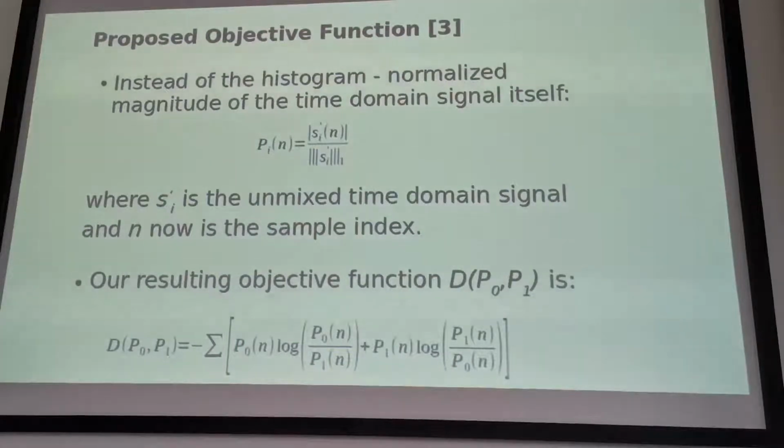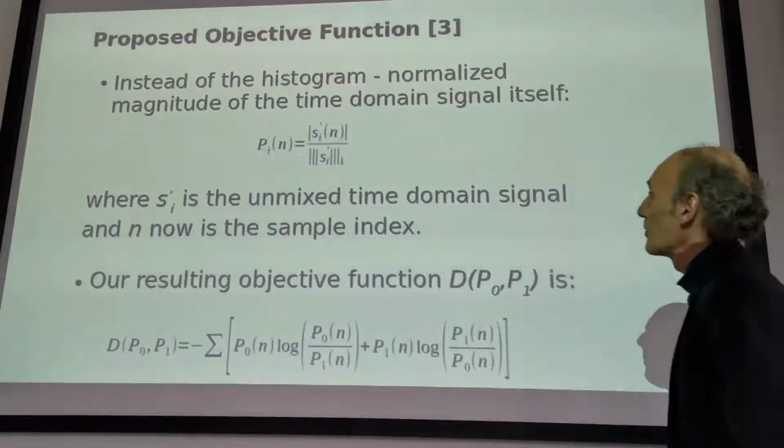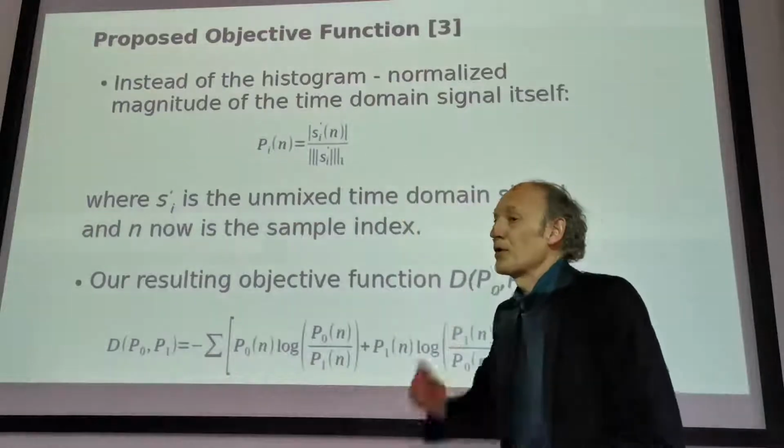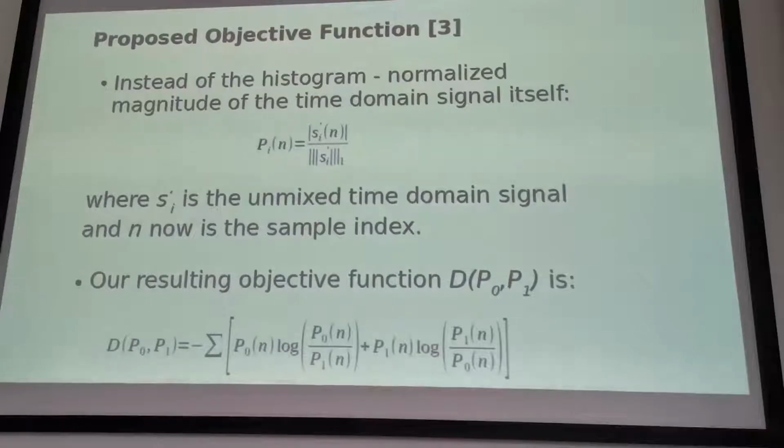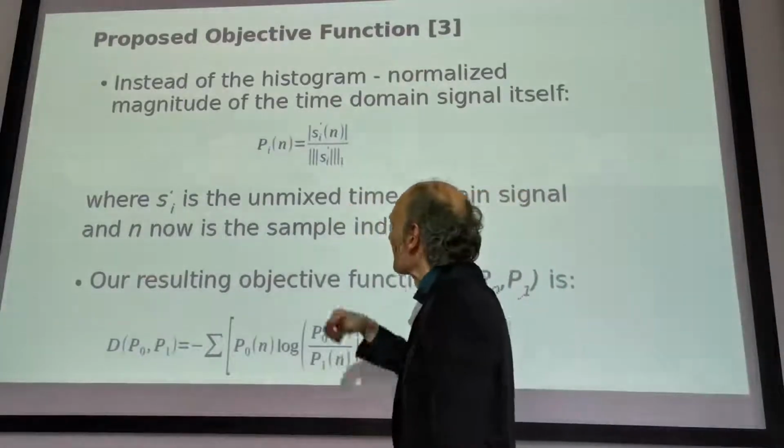Yeah, and then another simplification: instead of the actual histogram, we just take the time signal and treat it as a histogram. And we just normalize it to sum up to 1, and then we have a probability. And I was surprised that it works, because it's actually wrong, but it's indeed working. Right?